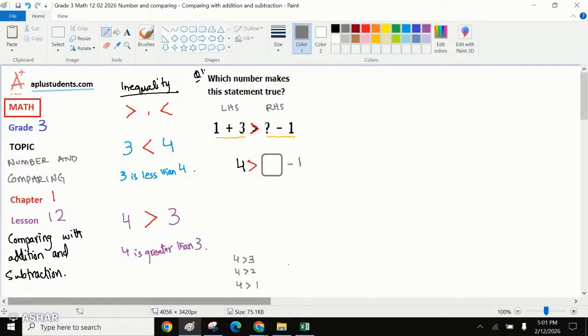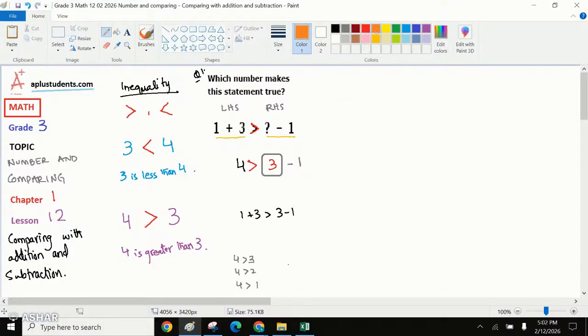So our choices for the numbers would be, we can say this is 3. So we can say that 1 plus 3 is greater than 3 minus 1.